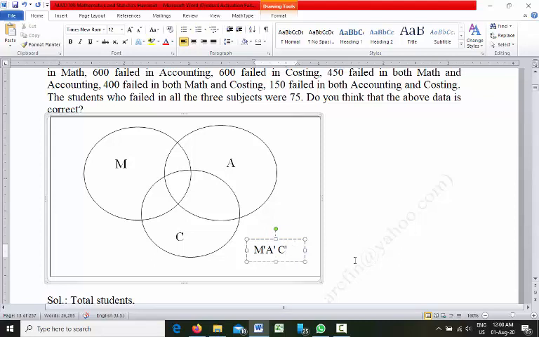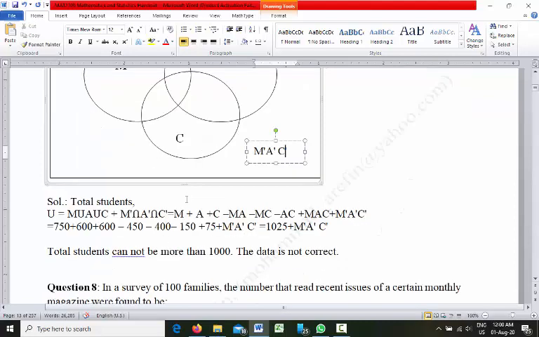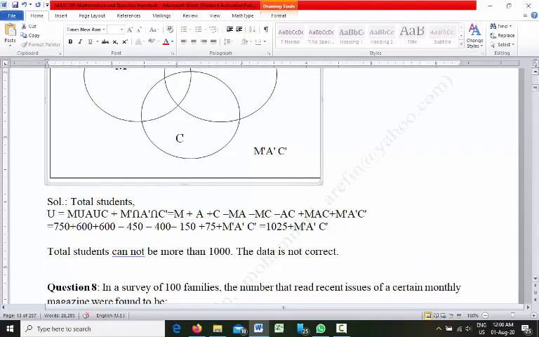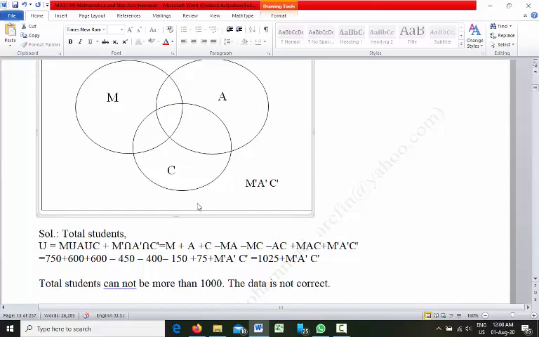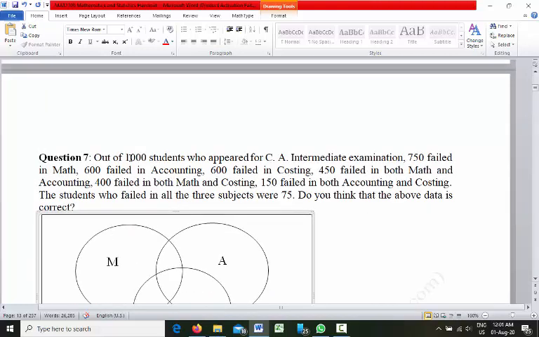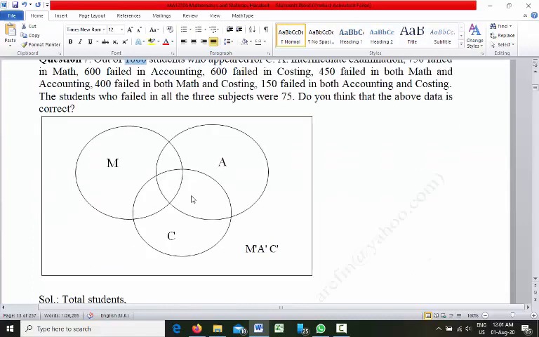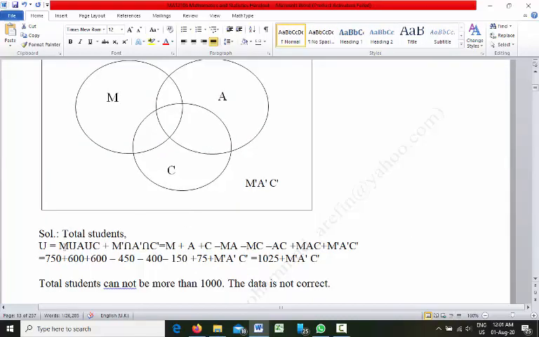The universal set is the total area occupied by the rectangle, which is here 1000 students.